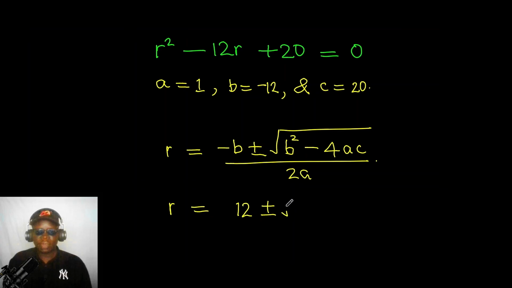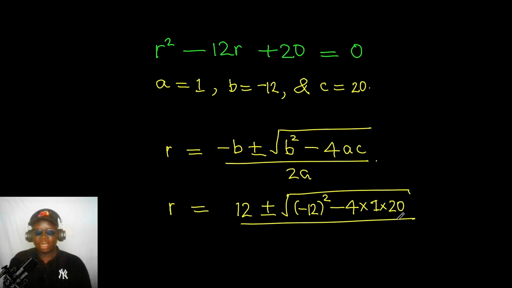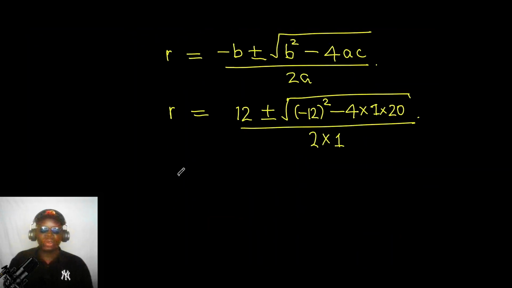Then plus or minus the square root of b, which is negative 12, squared, minus 4 times a, which is 1, times c, which is 20. We close this up and divide by 2 times 1, since the value of a is 1.